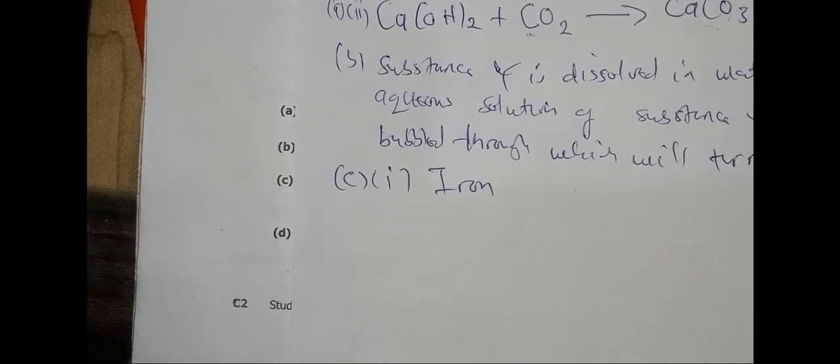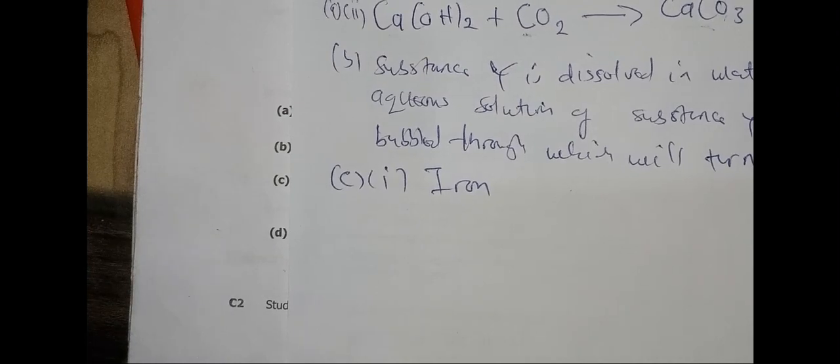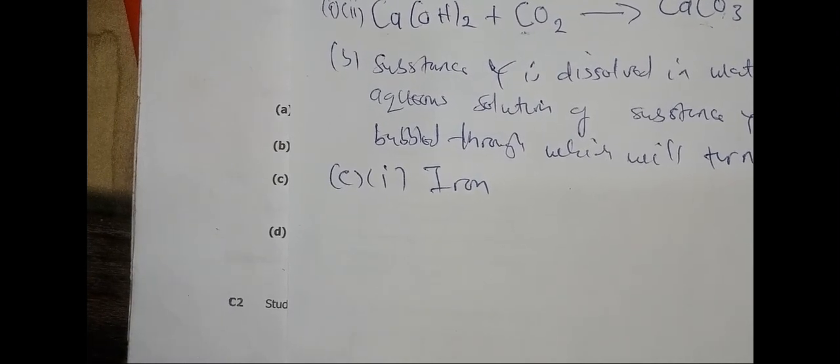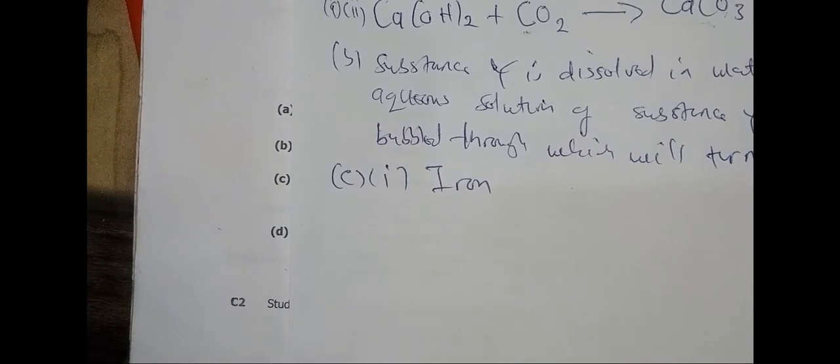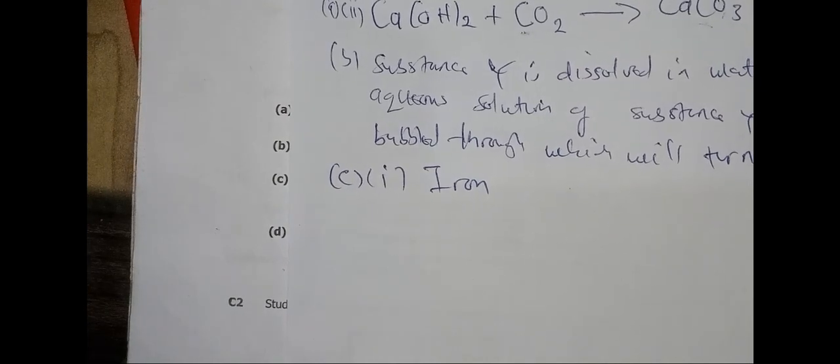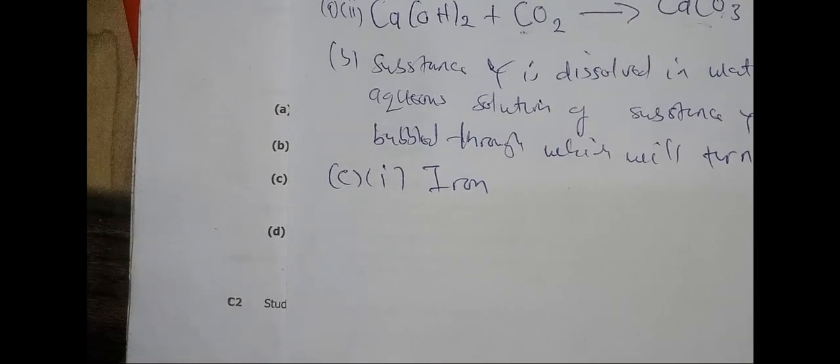Number one, we have the ore. It can be hematite or magnetite. Two, we have coke or carbon. Three, we have limestone, which is calcium carbonate.